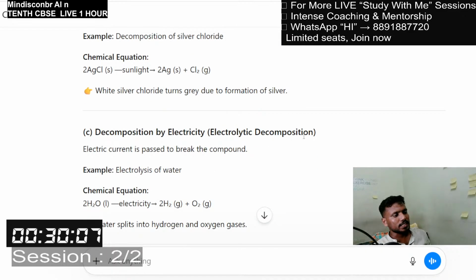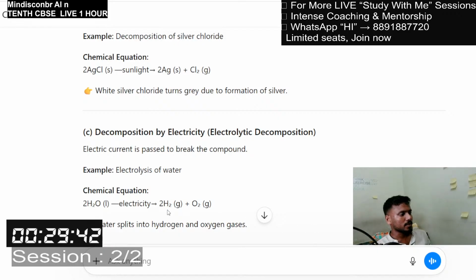Decomposition by electricity, that is electrolytic decomposition. What will be that? The electrolytic decomposition of water: 2H2O in the presence of electricity gives 2H2 plus O2. Double the volume is formed for hydrogen compared to oxygen. Which element is formed in double the amount?